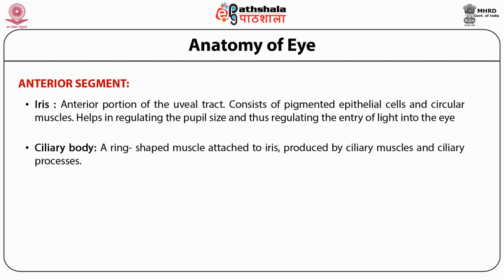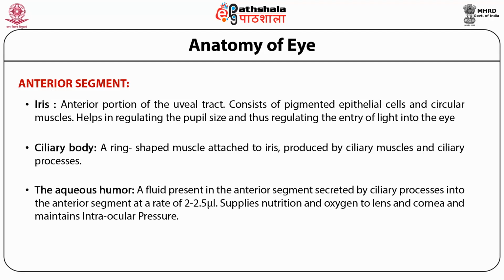This is a ring-shaped muscle attached to iris, produced by ciliary muscles and ciliary processes. The aqueous humor is a fluid present in the anterior segment, secreted by ciliary processes into the posterior segment at a rate of 2 to 2.5 microliters.